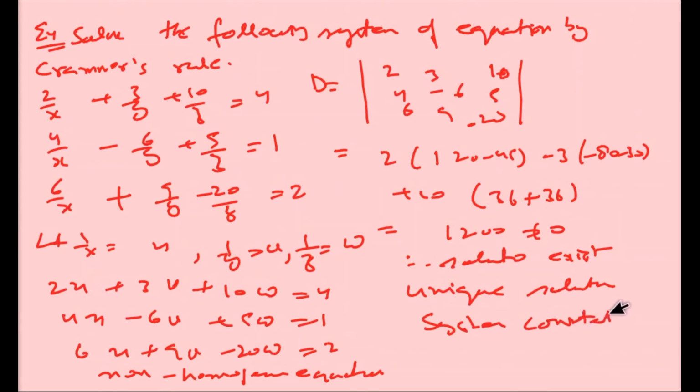Okay, so now we get the value of dx. We can write dx as the determinant 4, 1, 2, 3, minus 6, 9, 10, 5, minus 20. We replace this column and solve it.